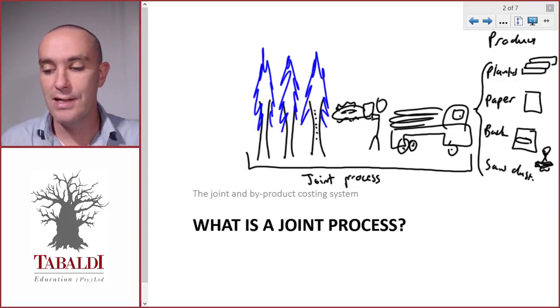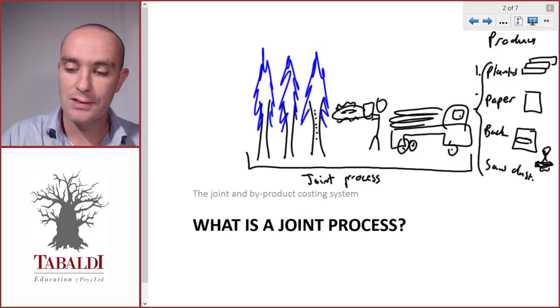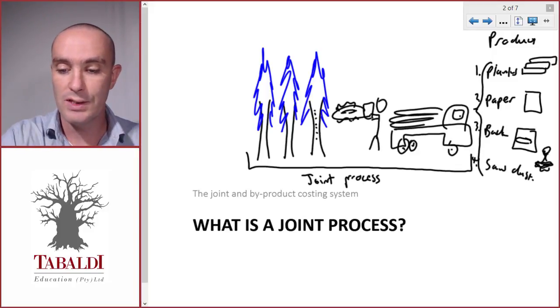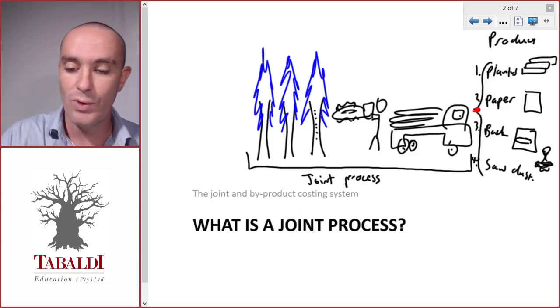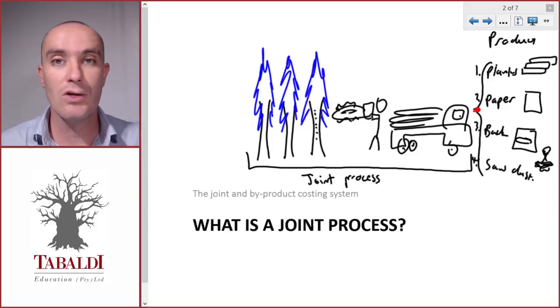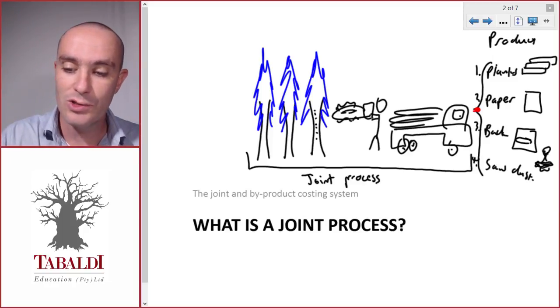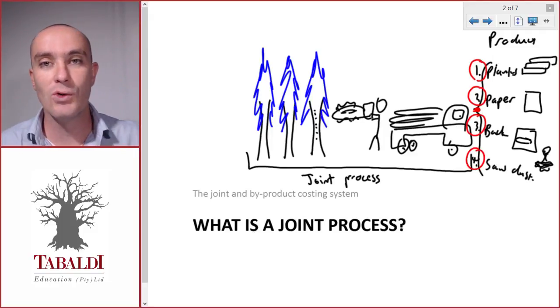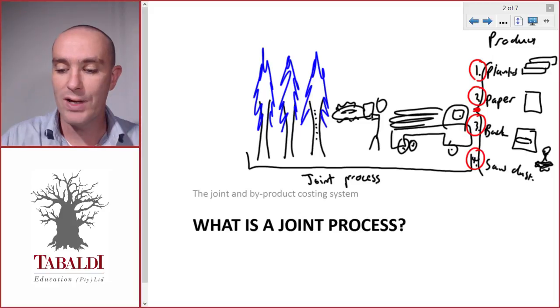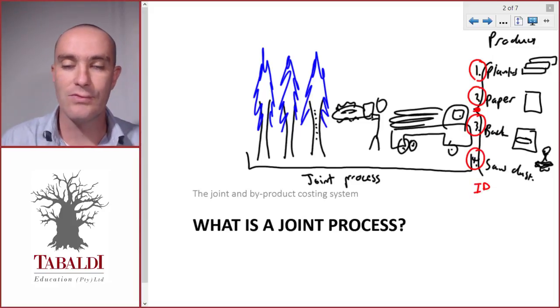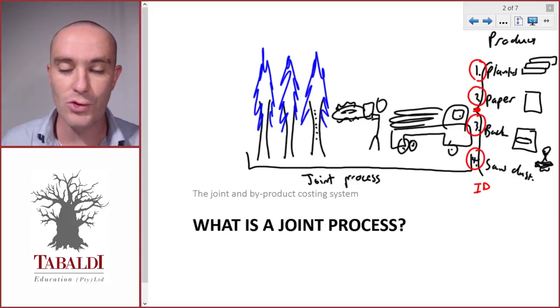and none of these four products on the right hand side can be identified before a specific point. When we transport the wooden logs, the cut down trees, we still can't identify the four different products, but only once we start cutting up the pieces and sorting the good ones from the bad, etc., can we identify the different products. So this is a joint process.